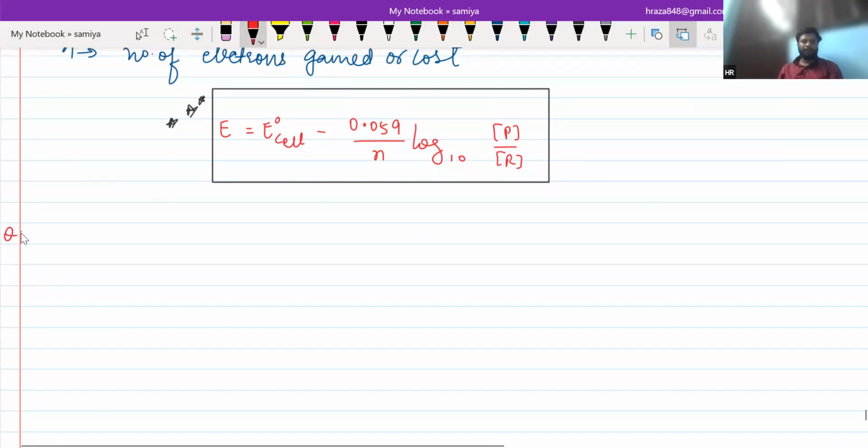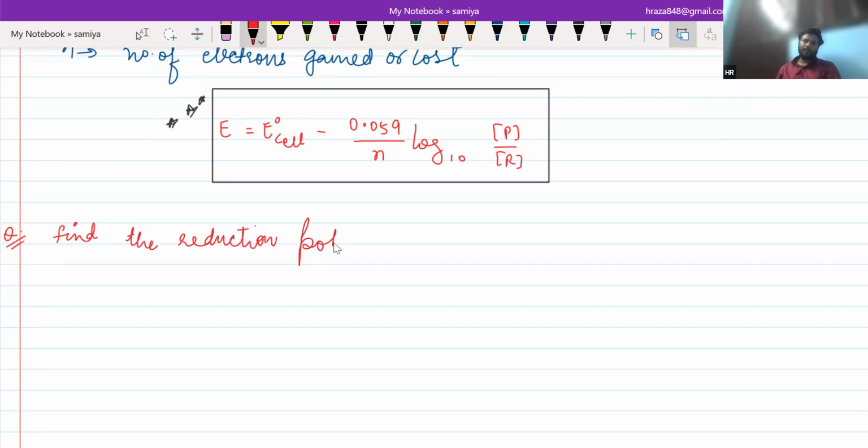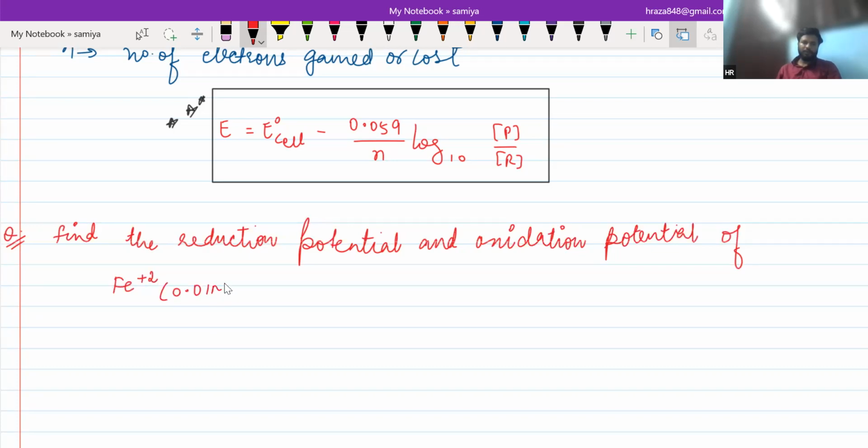I'm going to write a question here. The question is basically: find the reduction potential and also the oxidation potential of Fe plus 2, which has concentration 0.01 M, over Fe solid at 25 degrees centigrade.